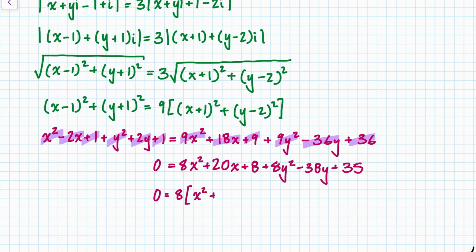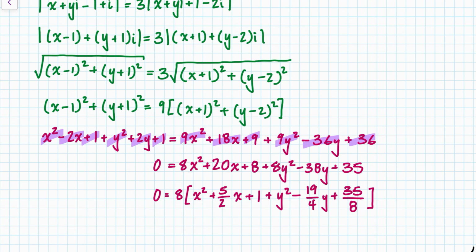So I'm going to have x squared plus 20 over 8, which is 10 over 4, which is 5 over 2, x plus 1, plus y squared minus 38 over 8, which is 19 over 4, y plus 35 over 8. Now the 8 can go to the other side, so dividing both sides by 8 just gives us 0.